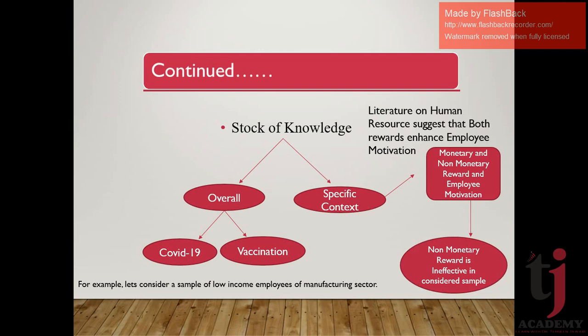So researchers suggest that give them monetary reward instead of non-monetary reward. So on the basis of literature, human resource suggests that both rewards enhance employee motivation, but in this particular context, the result shows that non-monetary reward is ineffective. So this is an increase in stock of knowledge in a particular context.